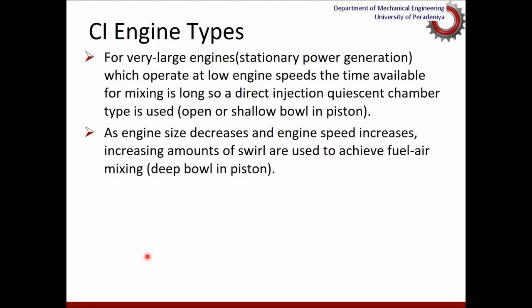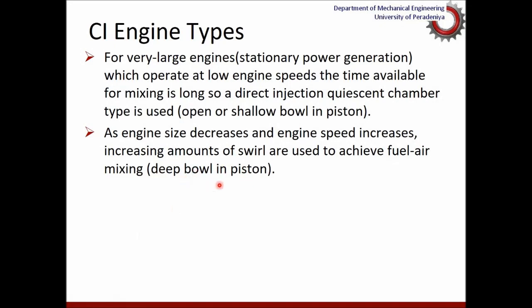And then as the engine size decreases, the engine speed is increased. Then again you need to have a certain degree of turbulence for mixing and to quickly burn the gases. So when the speed is increased, the time available for burning reduces. So the combustion should take place quickly. So the swirl is used for mixing.